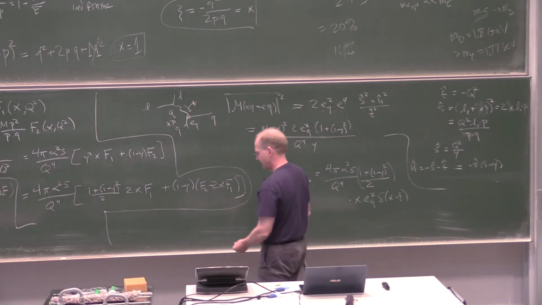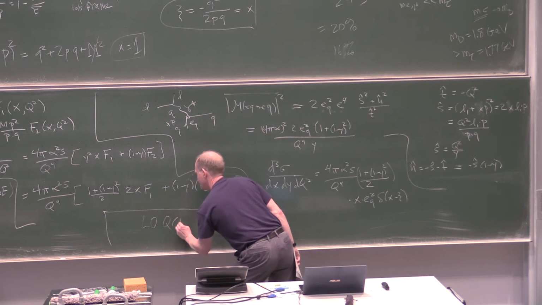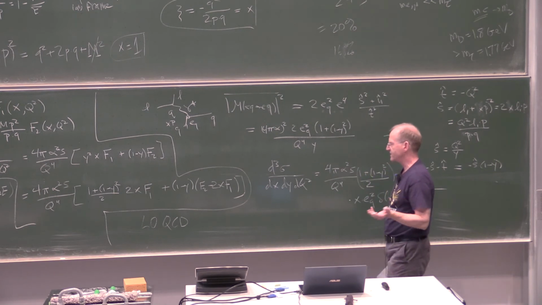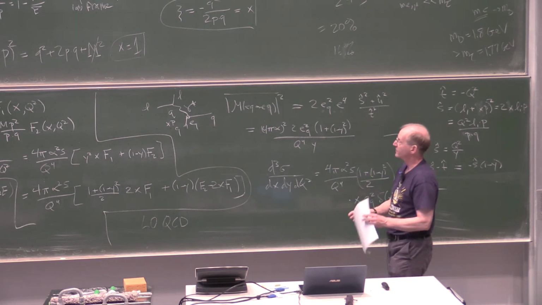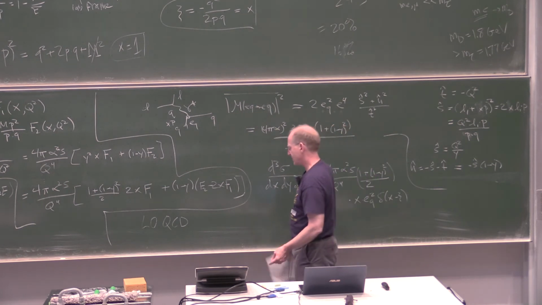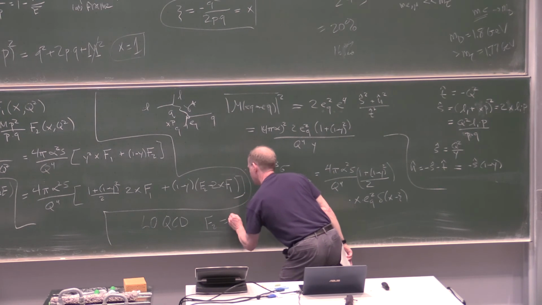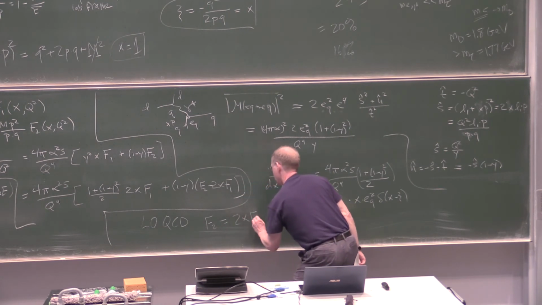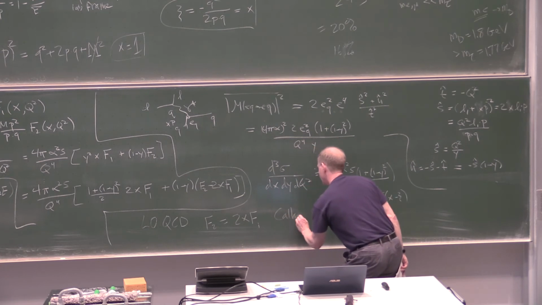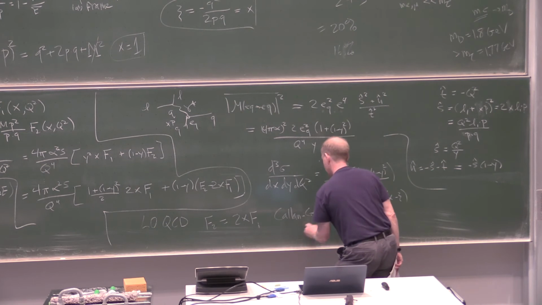So what that tells us is that in leading order QCD, where the only electrically charged constituents of the parton are quarks, that is spin-a-half electrically charged objects, we should have F2 equals 2xF1. So this was an important measurement early on to verify this Callan-Gross relation.